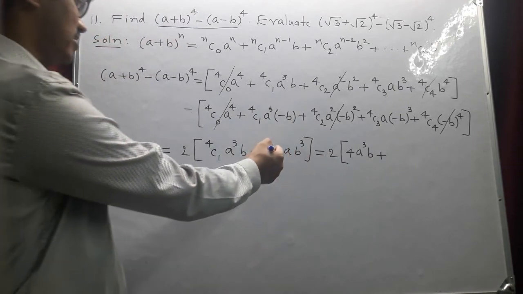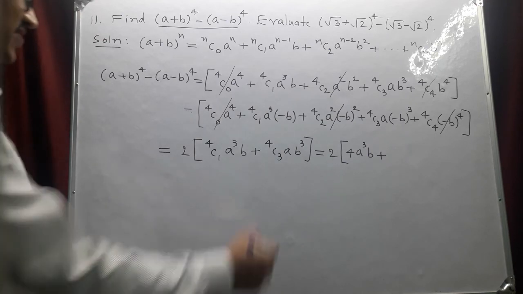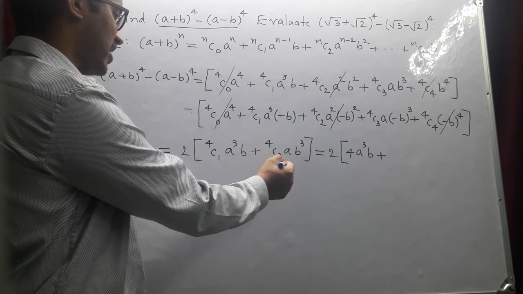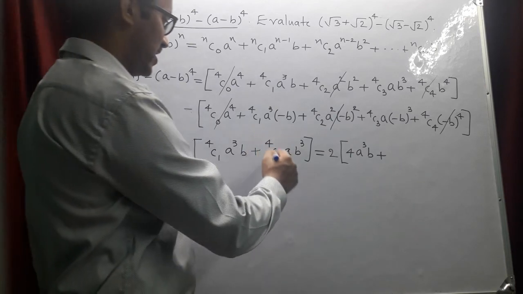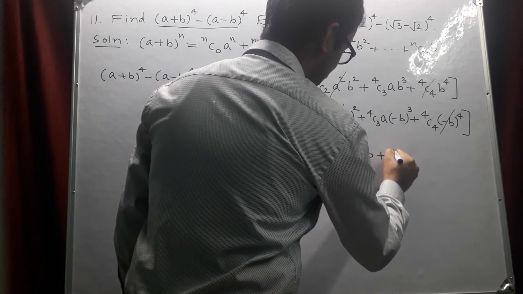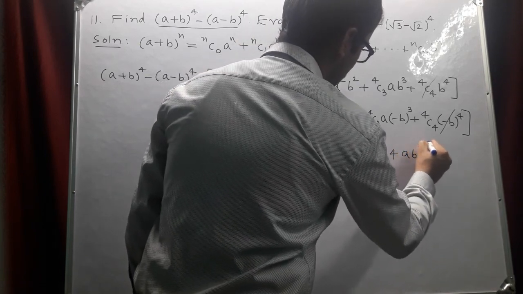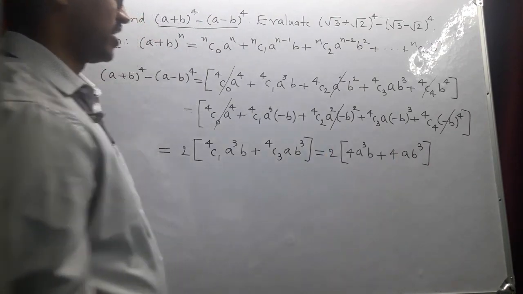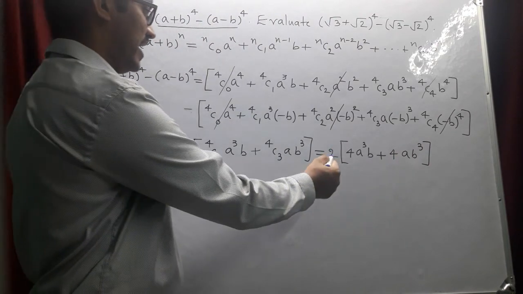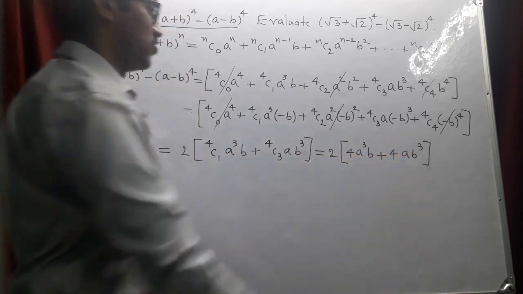This value is also 4, that is 4 factorial by 3 factorial into 1 factorial, so 3 factorial gets cancelled, that is 4 into a b cube. If you want, you can take 4 outside. So we will get 8 times (a cube b plus a b cube).